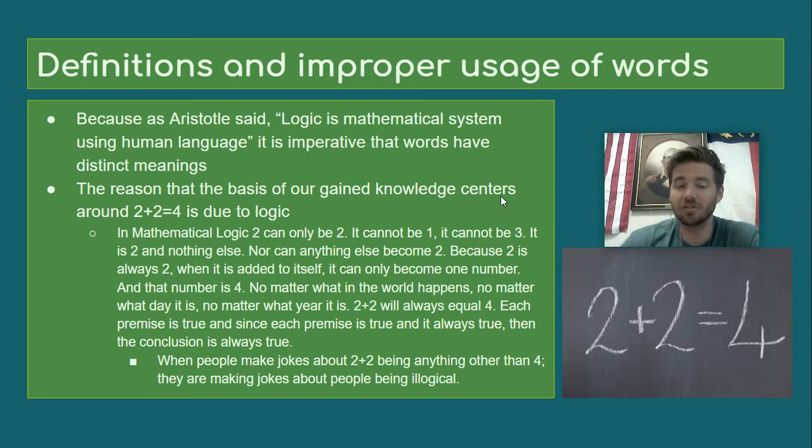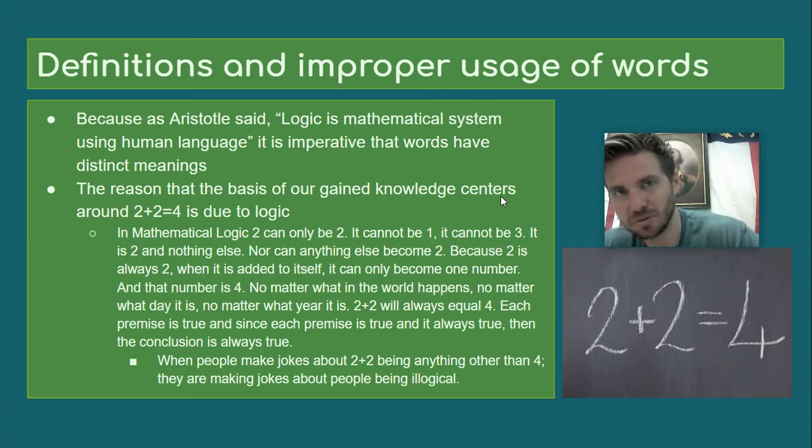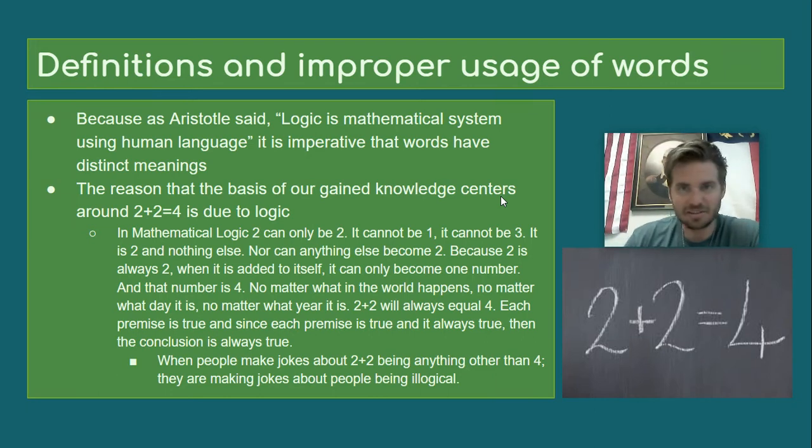So when people make jokes like, hey, you're stupid, you think 2 plus 2 equals 5, they're making jokes about you being illogical. Because with logic, that is the basis of our knowledge. And so when you say, hey, 2 plus 2 equals 5, that's you being illogical, at least in a mathematical sense.